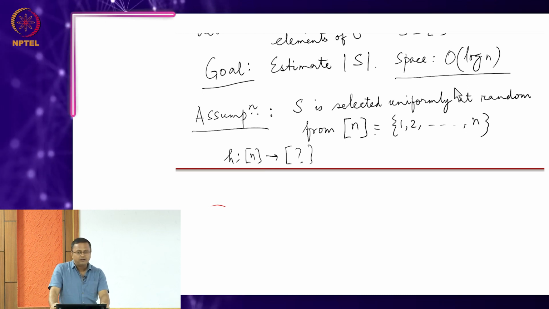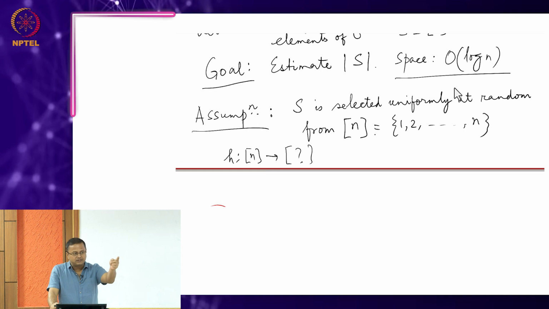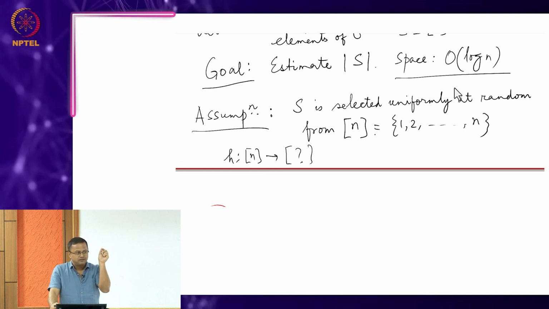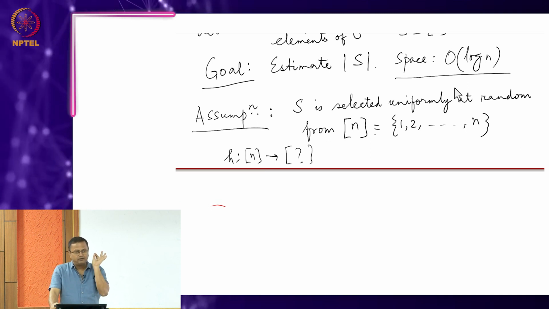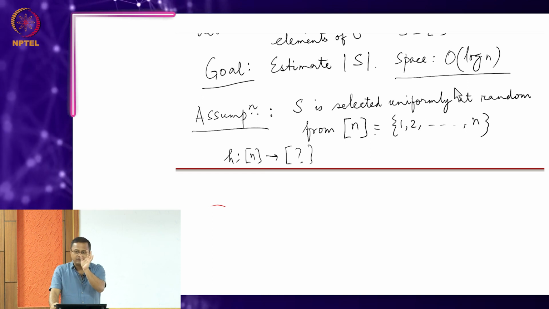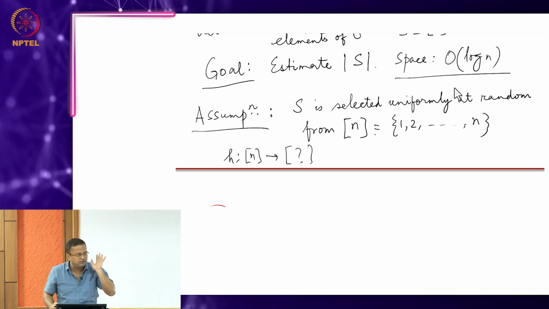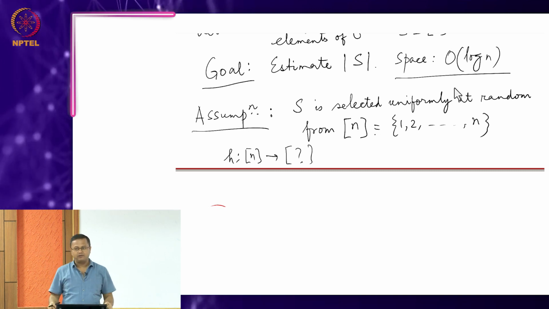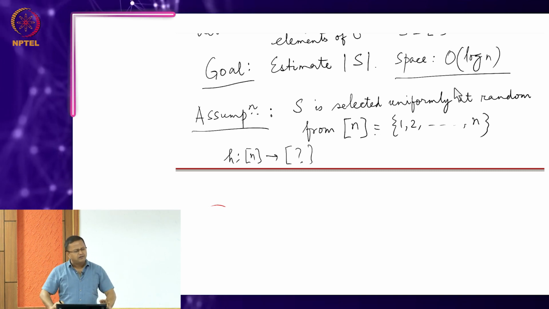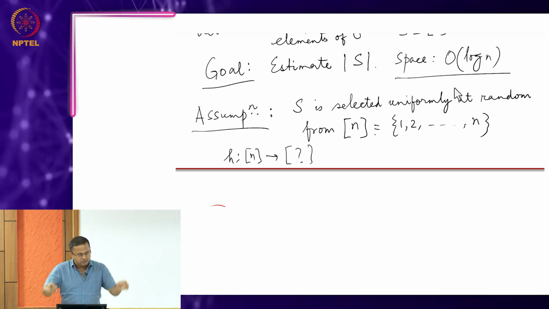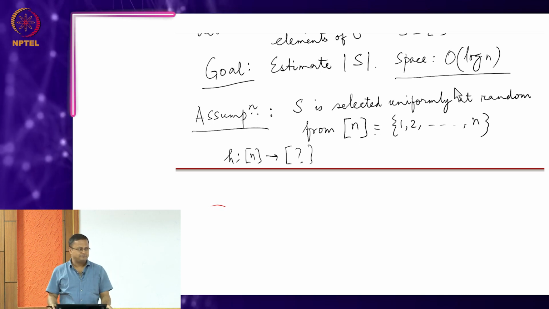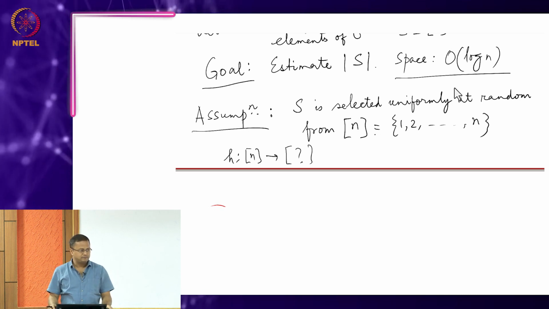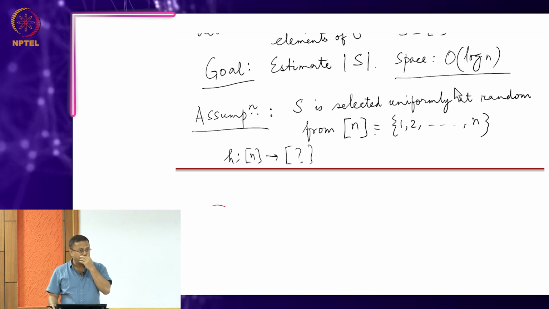Now, what will happen? As the stream comes, any element that is repeated will hash to the same location, fine. Two elements that are not the same will with high probability not collide.